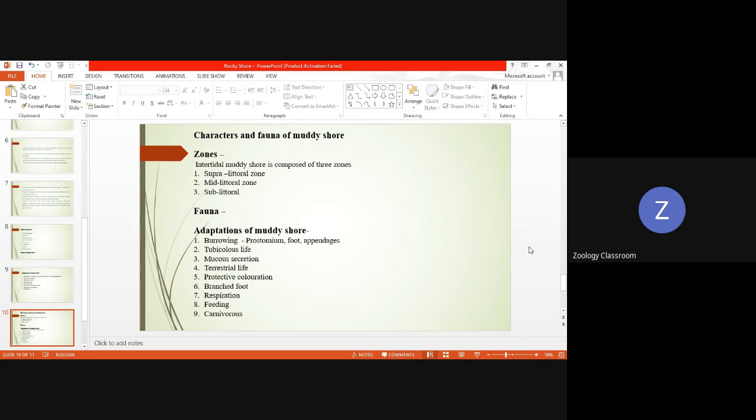Is the fauna. Mid-littoral zone मध्ये it is occupied by the molluscan fauna such as Cardium and Macoma. It resembles the fauna of the sandy shore. आणि आतल्या बाजूला त्यातल्या त्यात खालच्या बाजूला आतल्या म्हणजे समुद्राकडच्या बाजूला सबलिटरल झोन which is dominated by bivalves and Chaetopterus.